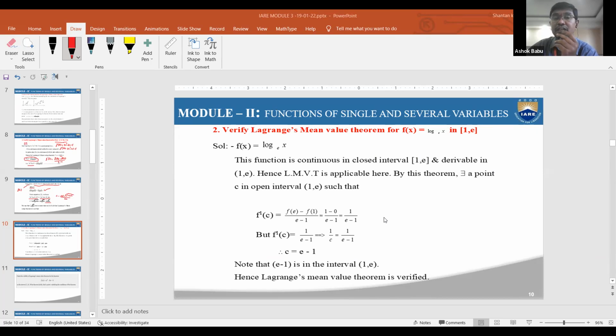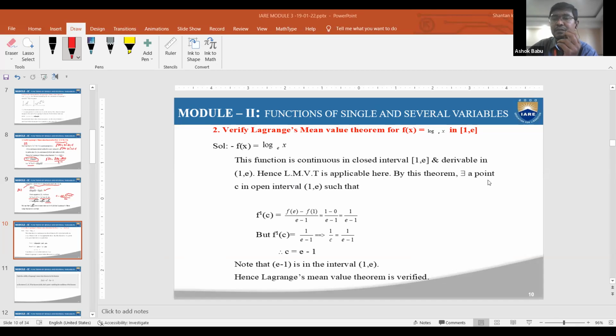That is clearly given in my personal notes material. Therefore, the logarithmic function is continuous in the closed interval [1, e] and derivable in the open interval (1, e). Hence the Lagrange's mean value theorem, LMVT, is applicable here.